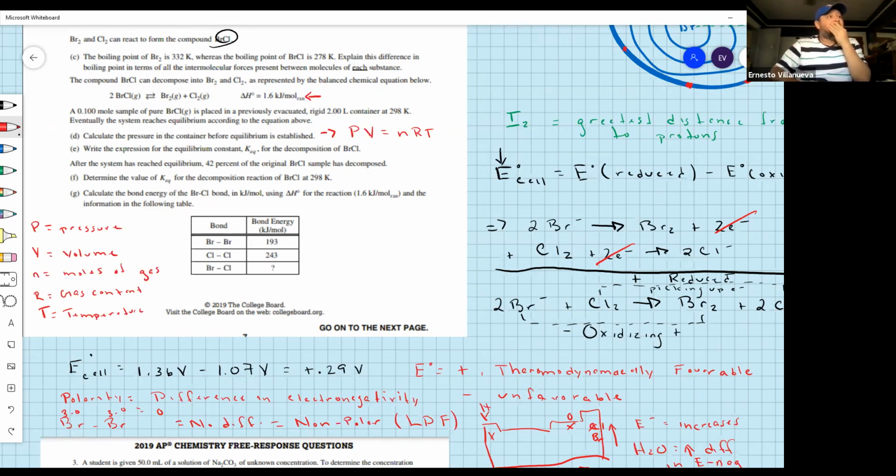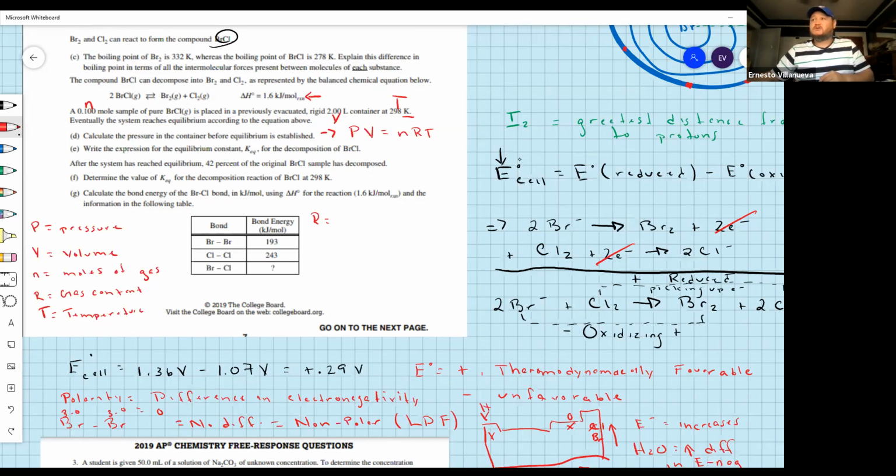Now it says calculate the pressure in the container before equilibrium is established. I can already see that we have a temperature, a volume, and moles, and R is a constant, which is given. There are two constants that go with the ideal gas law, and which one you use depends on your units. In this case, we have temperature in Kelvin.